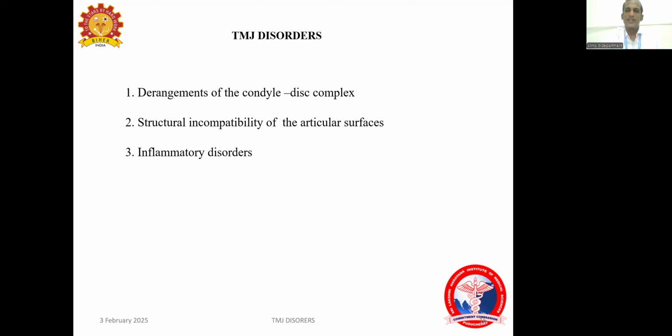And when you examine this TMJ, you have to examine the associated structures also, your shoulder, neck, ear. Confirmation can be done only with an X-ray or an MRI or CT. Pain in the mouth or jaw may not be related to temporomandibular disorders.